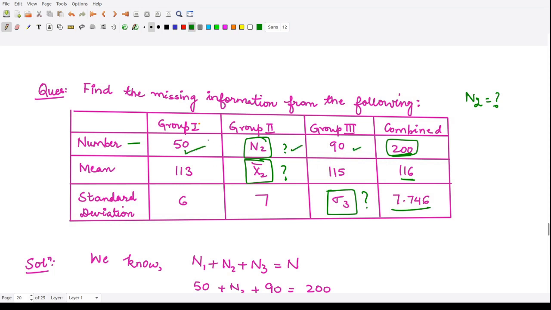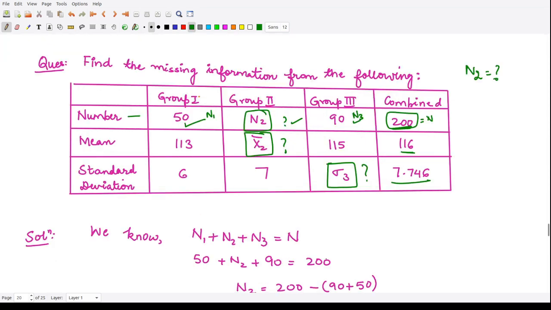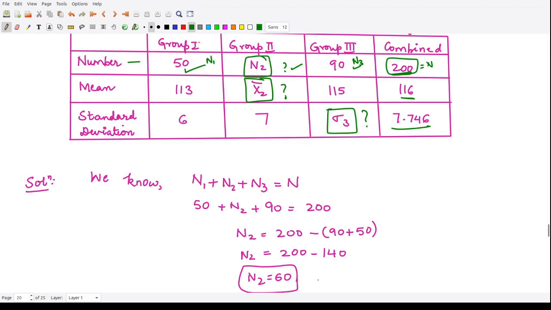If I call this N1, this N2, this N3, you have N1 plus N2 plus N3, say this is N, equal to N. So you have 50 plus N2 plus 90 is equal to 200, and therefore N2 is equal to 60.